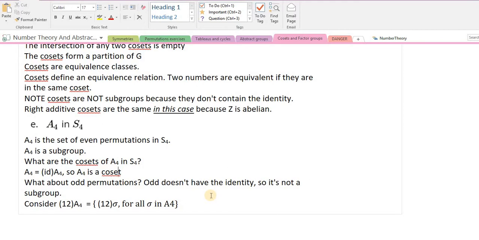There we go. Okay, good. So (1 2)A4 is a subset of S4.